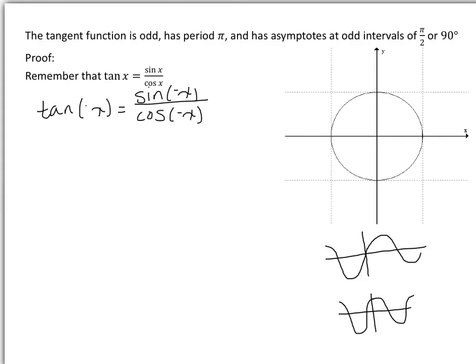Simplifying that further, that would mean we have the negative sine of x over cosine of x. This gives us a negative tangent. So here what I'm seeing is I have tangent, negative tangent. This is the positive, this is the negative, so tangent must be odd.